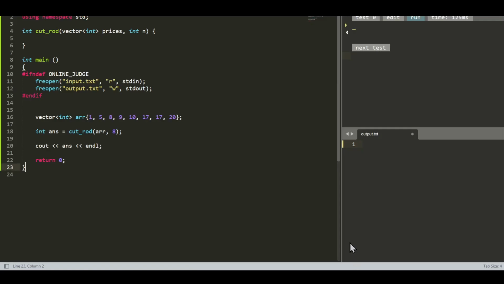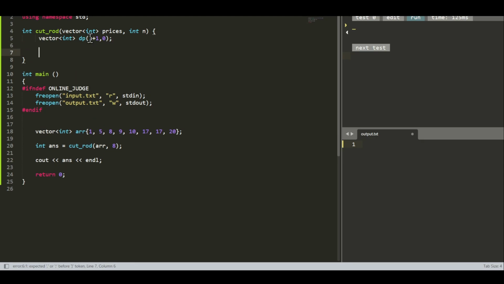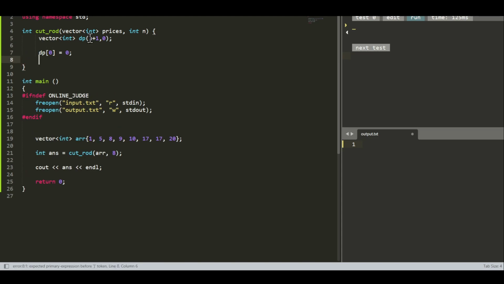So what we will do is we will make a dp array. Let's make a vector int dp, which will be of size n plus 1, and it will be initially initialized with 0. Okay, and we will say that if we have the rod of length 0, then our answer will be 0, then we can get 0 maximum profit.